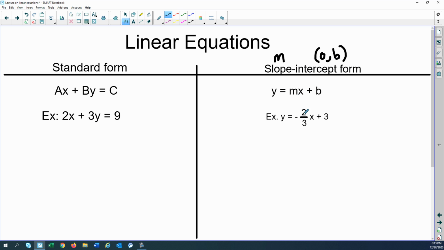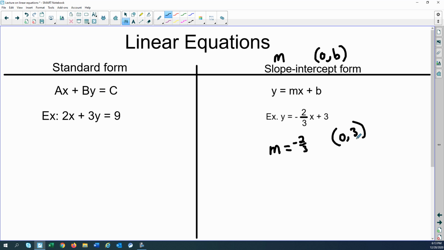For our example, these are the same lines, they're just in different forms. The m, the slope of this line, is the value in front of the x, -2/3. And the y-intercept of this one is at the point (0, 3).